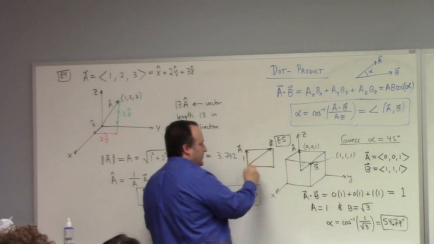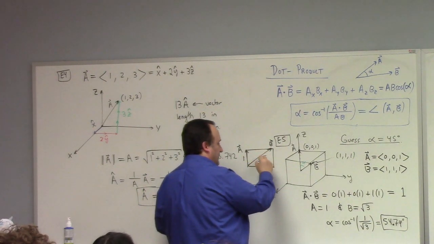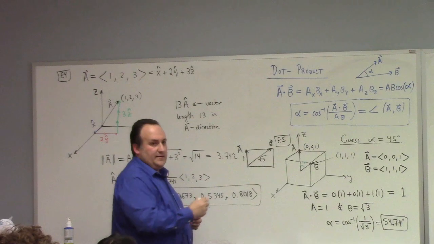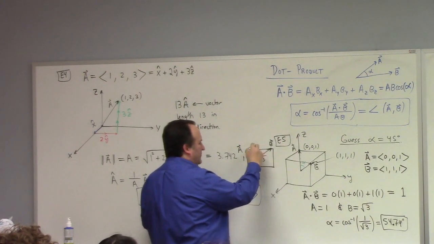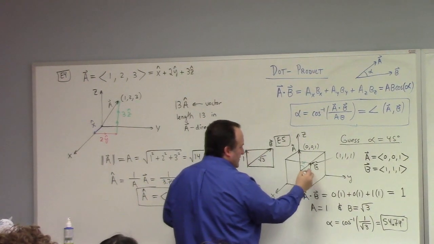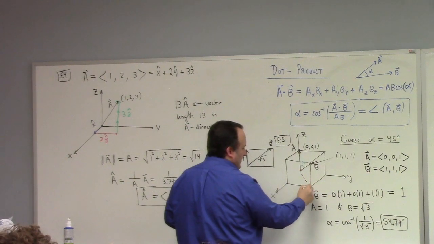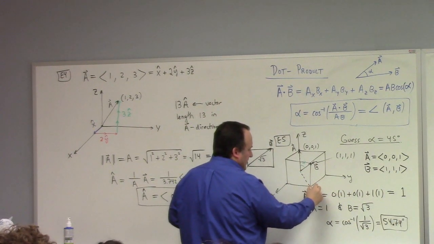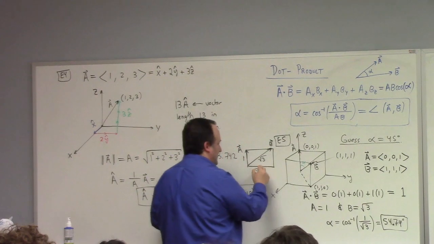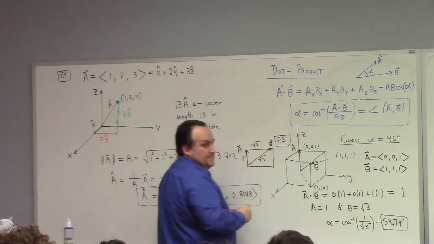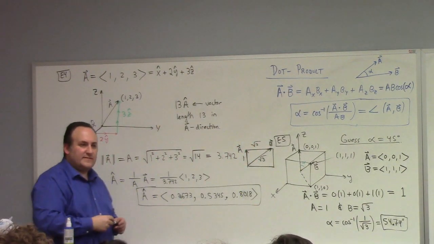And so this is distance 1, whereas that distance is the square root of 3. And this distance, I think, is square root of 2, is it? I'm trying to remember. From here to here, that point is 1, 1, 0. So like this distance is square root of 2. So yeah, it's not a square. That's why it's not 45.